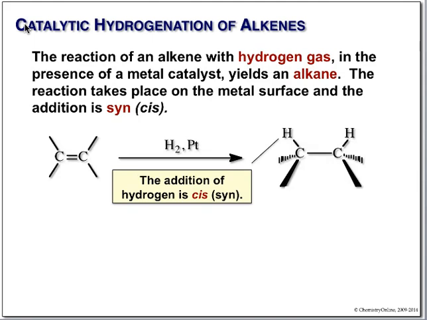You have platinum, and the platinum is deposited as a very, very thin atomic layer, usually on something like charcoal. So you add a teaspoon of your platinum charcoal, and then you bubble in hydrogen gas. When you do that, you go from a double bond to a single bond, and the hydrogen that adds comes on the same face of the molecule.